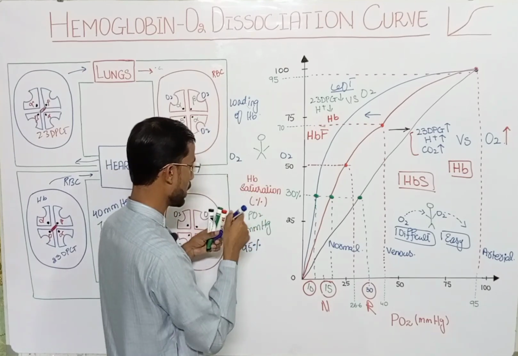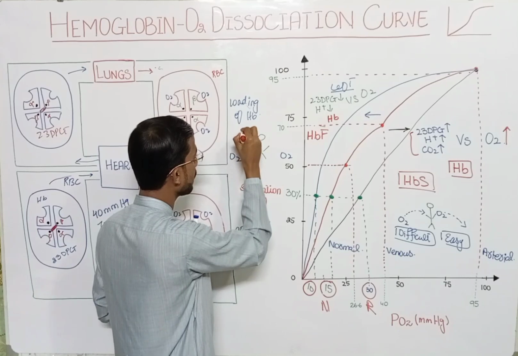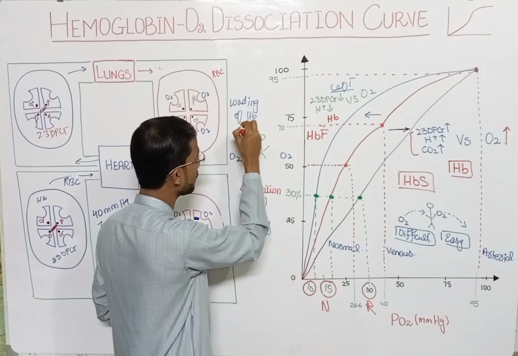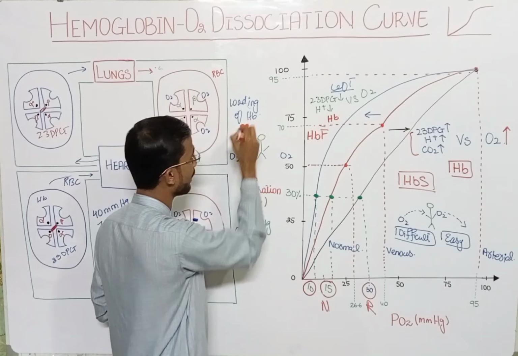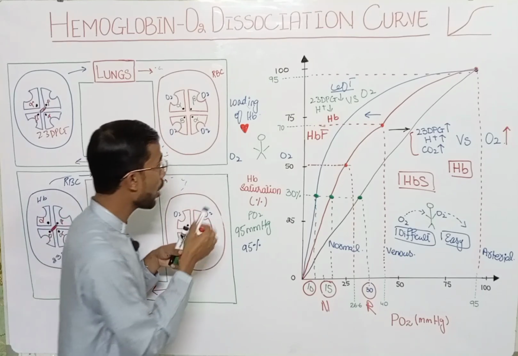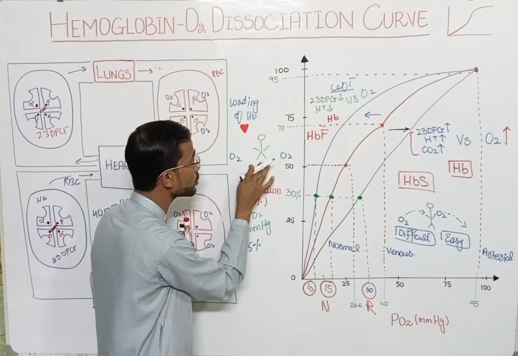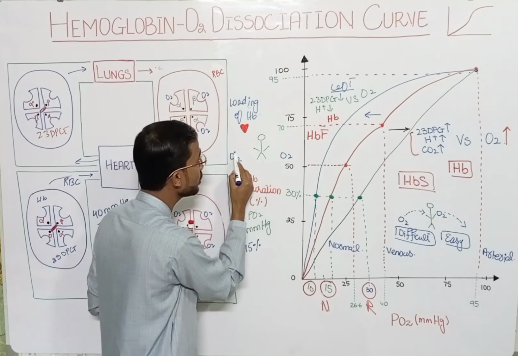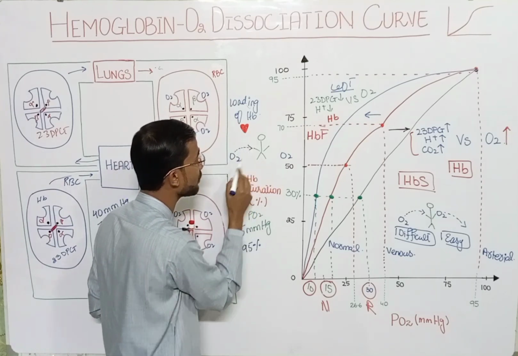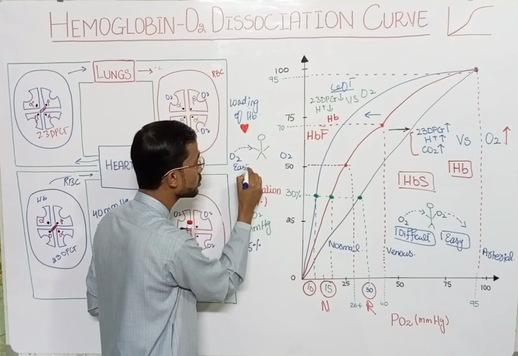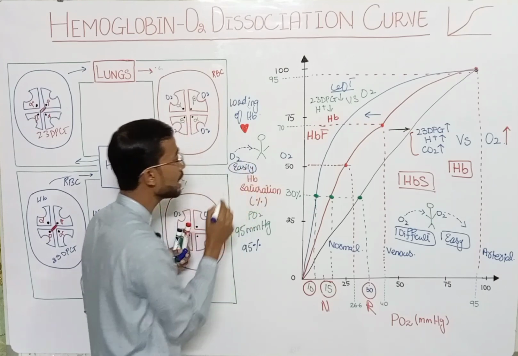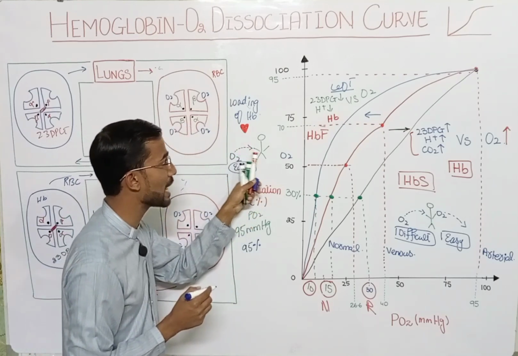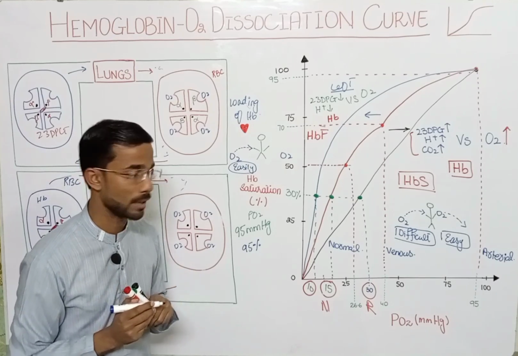So there is a love that exists between HbF and the oxygen. Now if the oxygen comes across the HbF, then the oxygen binds to the HbF easily. So binding becomes easy between the oxygen and the HbF. This is situation one.